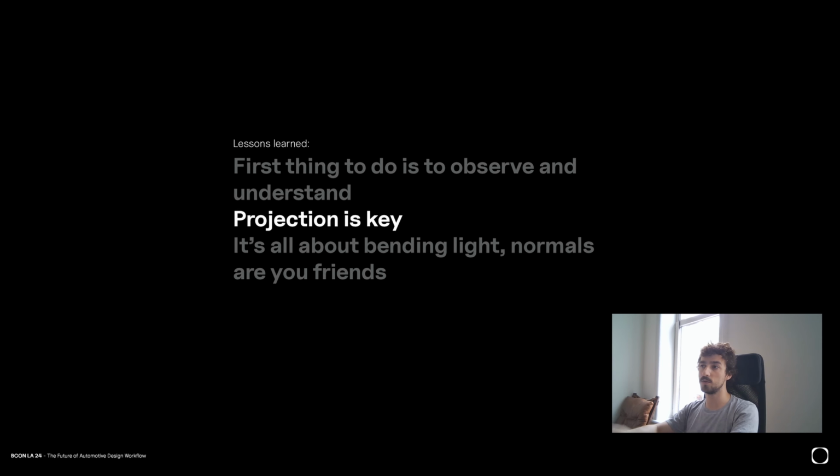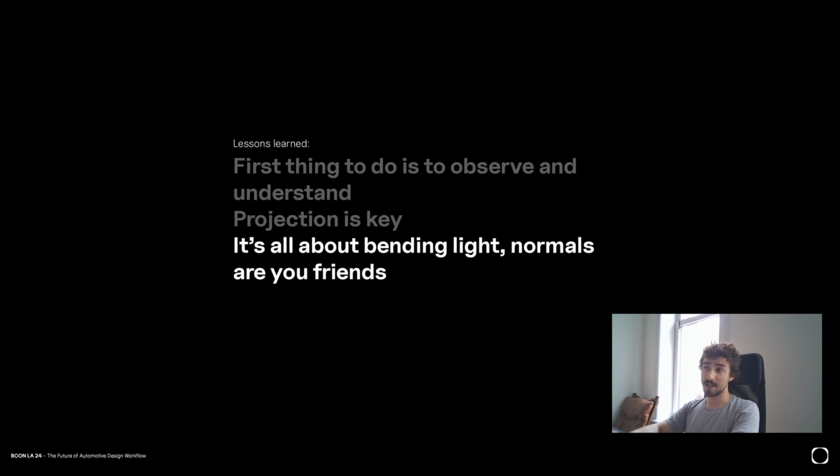You can just use it as if it was UVs. And the last thing, it's all about bending light in the end. You just try to replicate a behavior of light on an object. And in that sense, you should really look into normals and how to generate them, how to use them, because they are really the best ally for this kind of stuff.